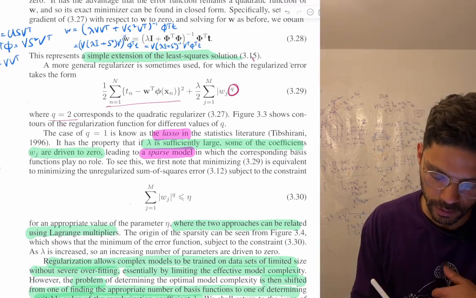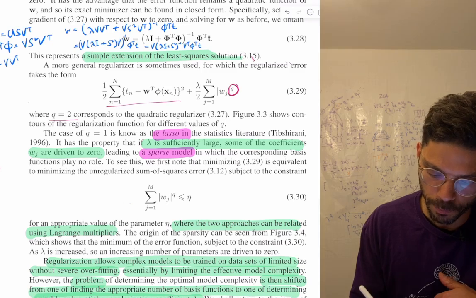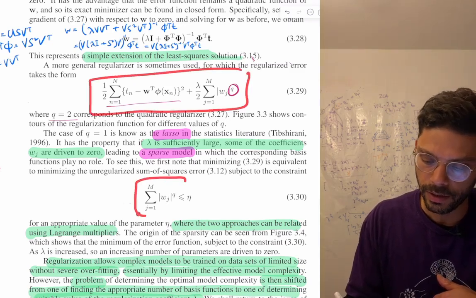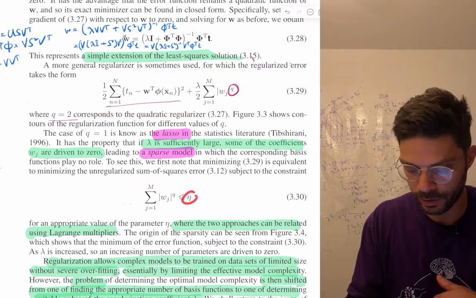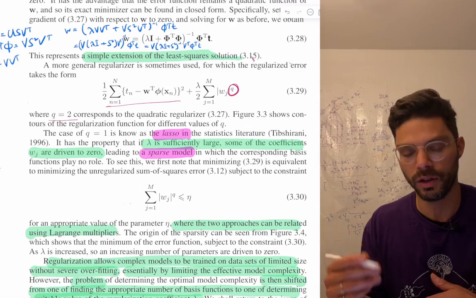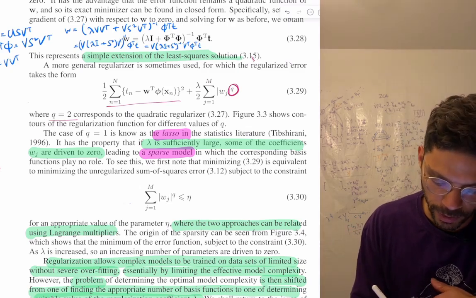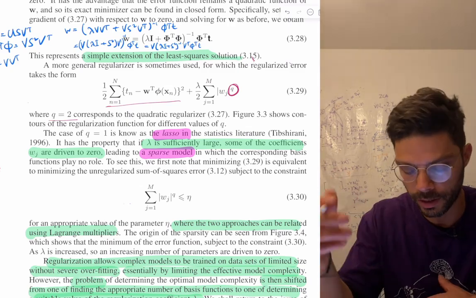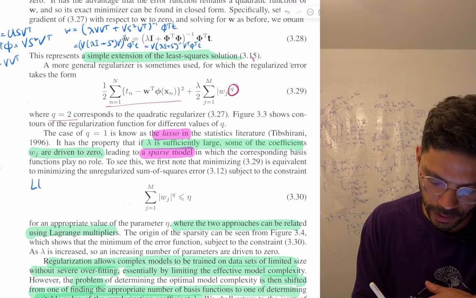Let's see what the connection is between this and this. Before we get into Lagrange multipliers, let's just write out the constrained problem.